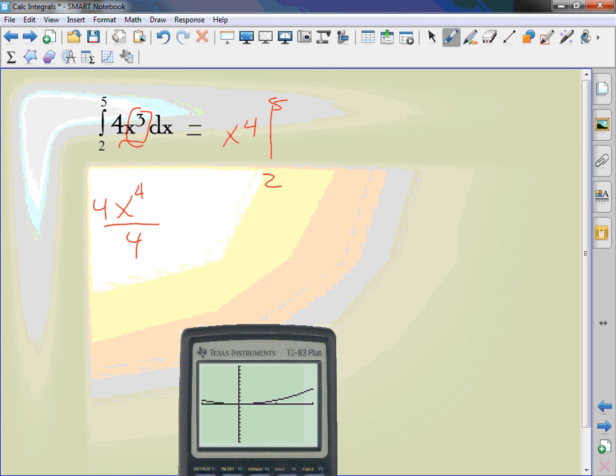Do you see what I did? You take the antiderivative. Once you take the antiderivative, you now need to take it from the points 2 to 5. So I just take 5 to the 4th minus 2 to the 4th.